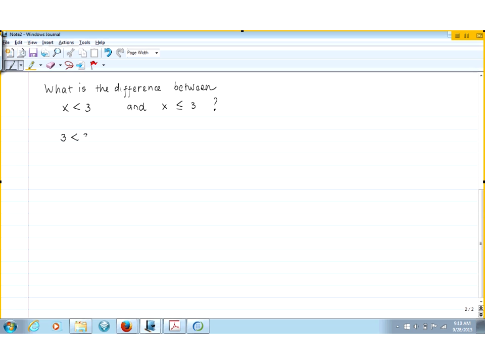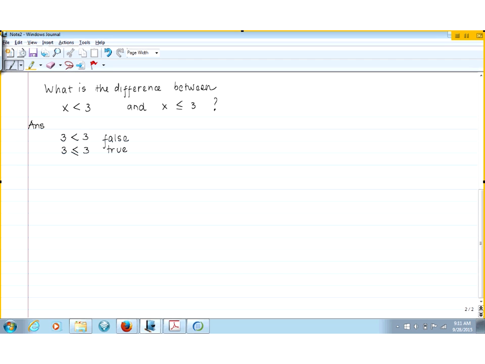So, can I say 3 is less than 3? Is this a true statement? No, this is false. Right? Okay. So what about, can I say 3 is less than or equal to 3? This is true? Yes.